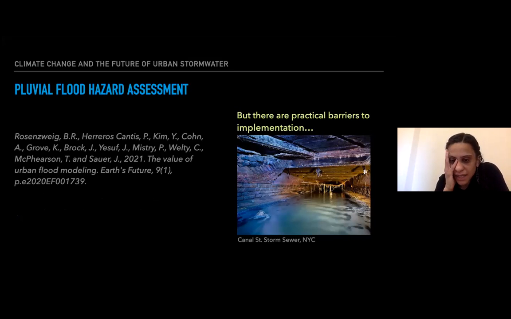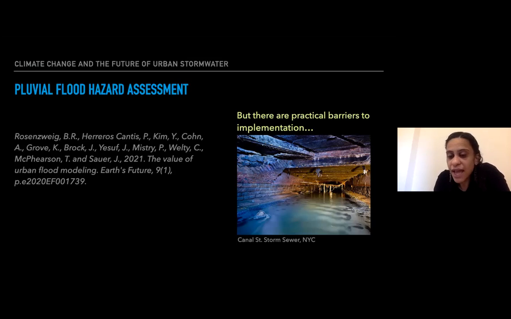A bunch of my collaborators and I recently wrote a commentary in Earth's Future about the potential value of doing this type of urban flood modeling, where we discussed many of the barriers to implementation. But when you think about it, one of the largest barriers is that in our existing cities, our sewer systems are over 100, in some cases nearly 200 years old.